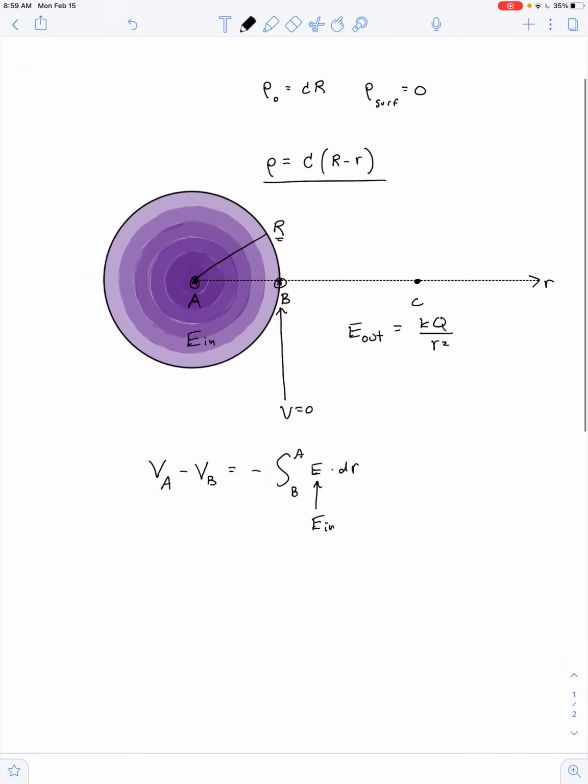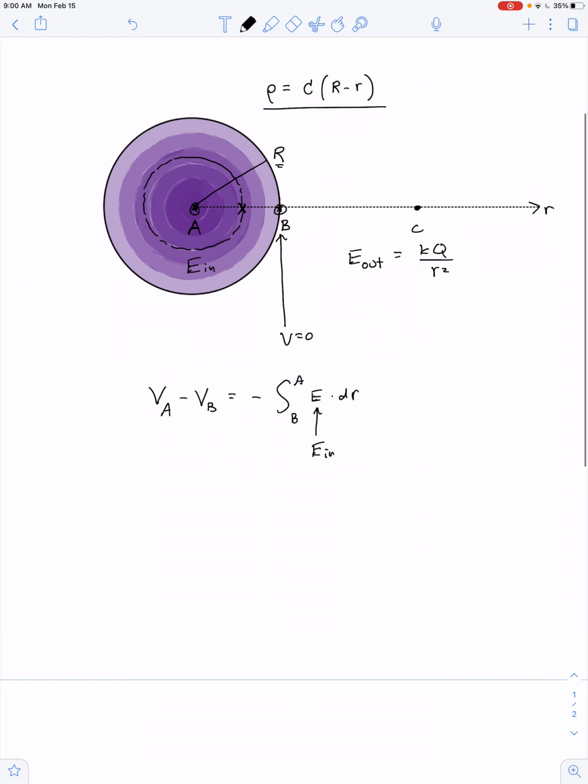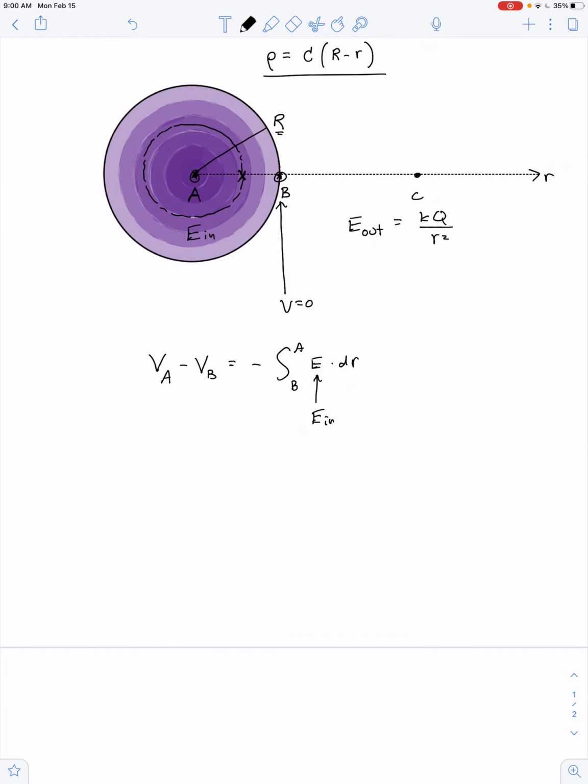Okay, so we're going to have to use Gauss's law to figure out what's the electric field at points inside. So let's just choose some random point. We'll call that x. Make a Gaussian surface. It's also in the shape of a sphere. So the integral of E dot dA is equal to Q in over epsilon naught.